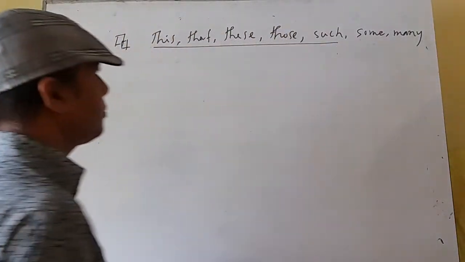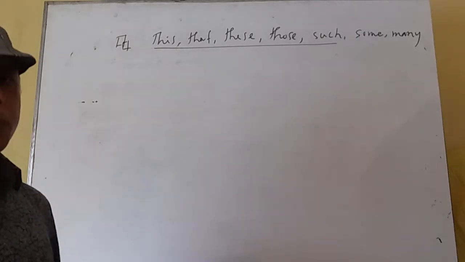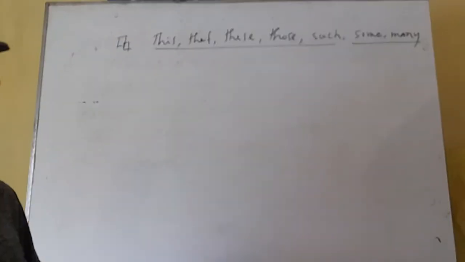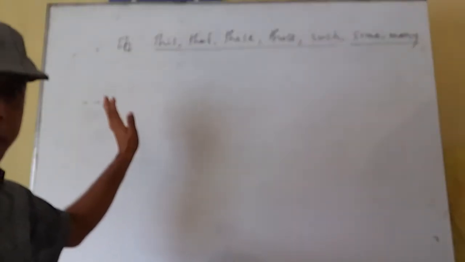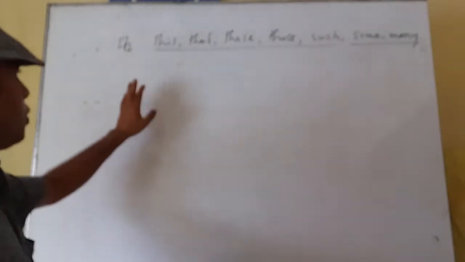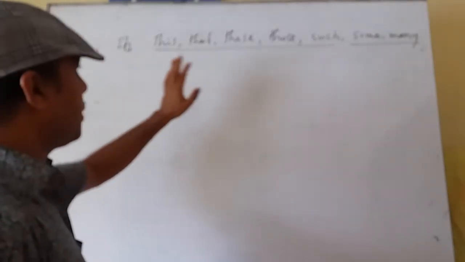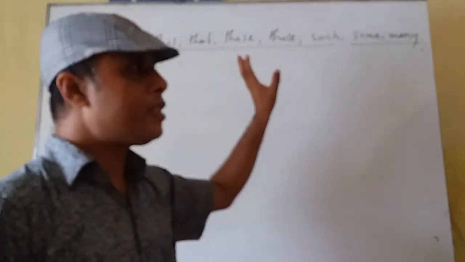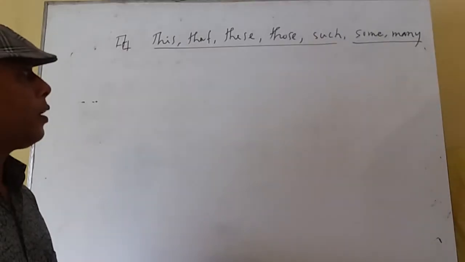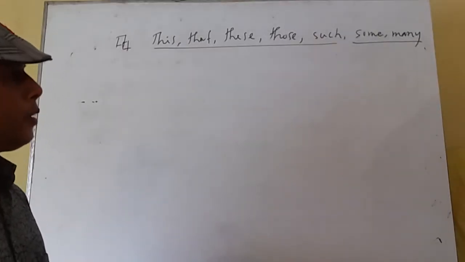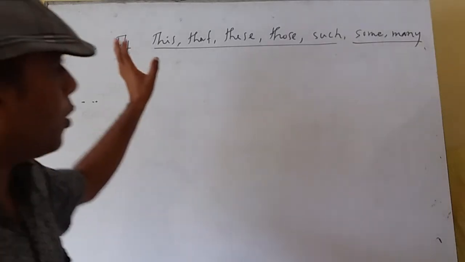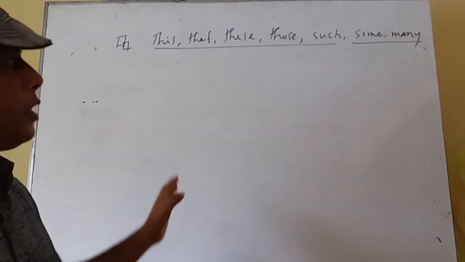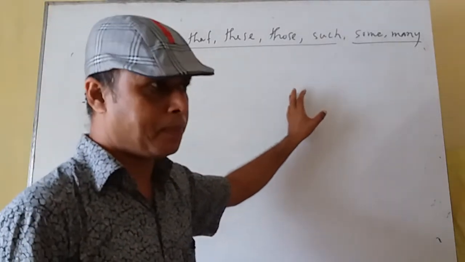These 5 are demonstrative pronouns. These 2 are indefinite pronouns. We discussed these things in my previous class. So here, look here. This pronoun cannot be used without a noun. Actually, these pronouns also are used before a noun. These pronouns work as pronominal adjectives.